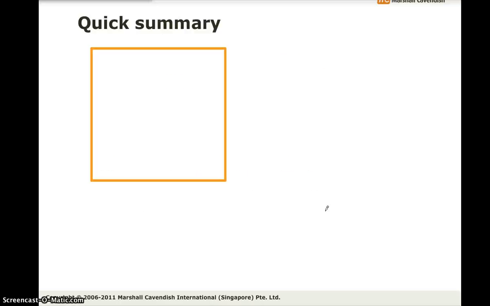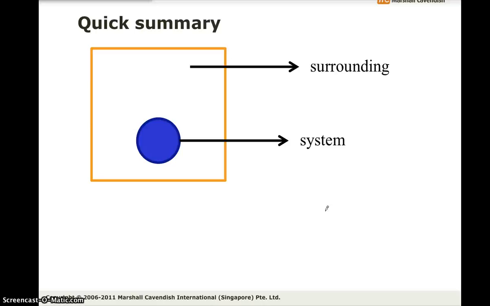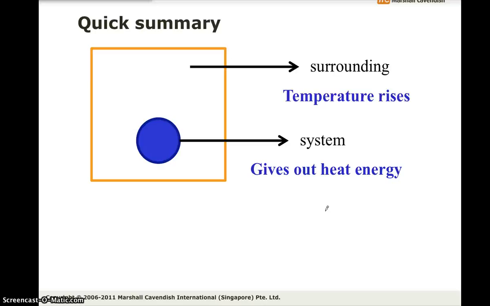Right, let me give you a very quick summary. Imagine you have a box and then in the box you have a circle. The circle represents the system. The system is where the reaction is taking place. Outside of the system you have surrounding. So when the system gives out heat energy, that means the temperature of the surrounding rises.